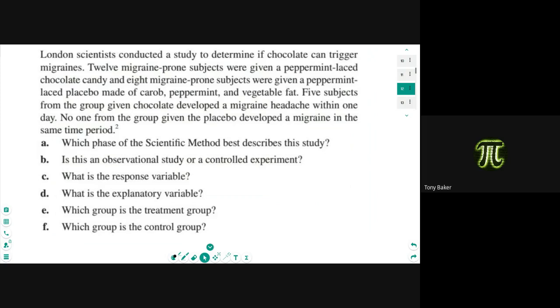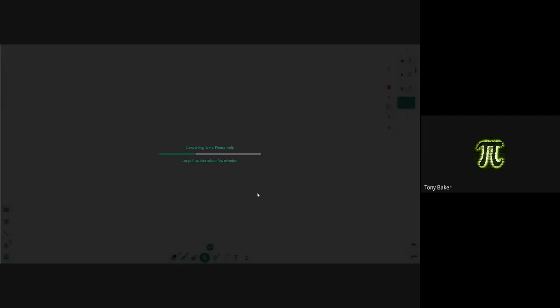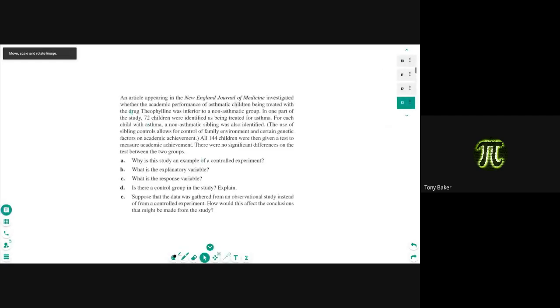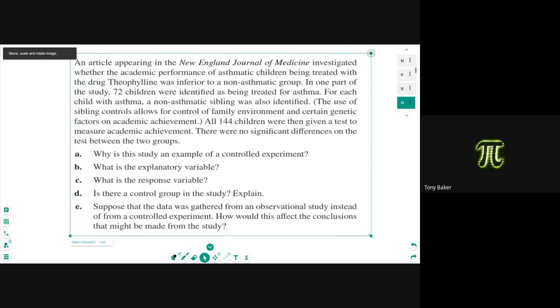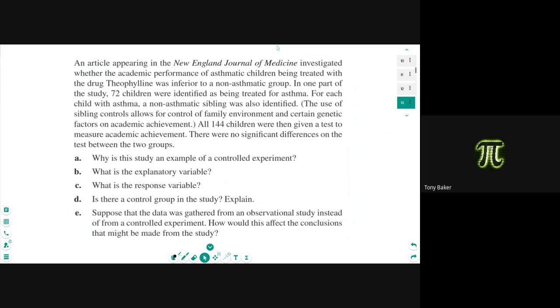Let's look at this one. All right, read the little heading. Those allergy pills aren't helping.